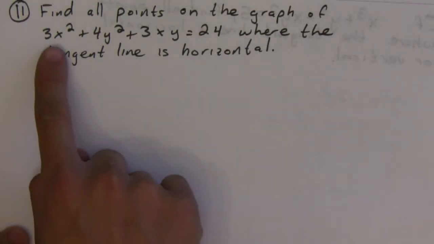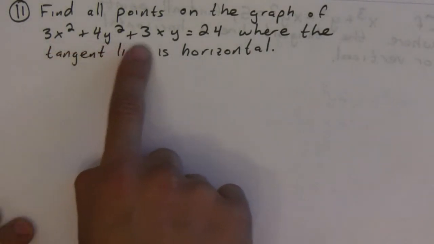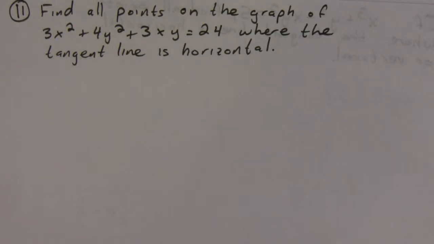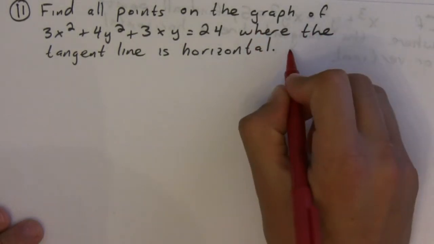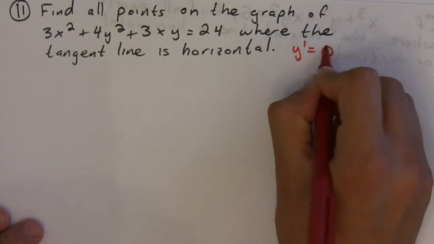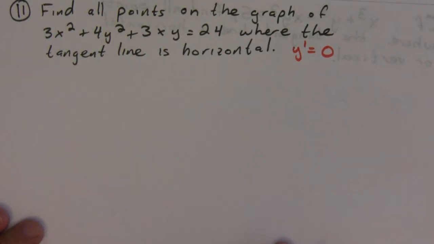Okay, so here we're trying to find all the points on this graph where the tangent line is horizontal. So what we're basically looking for is the places where the derivative is equal to 0.